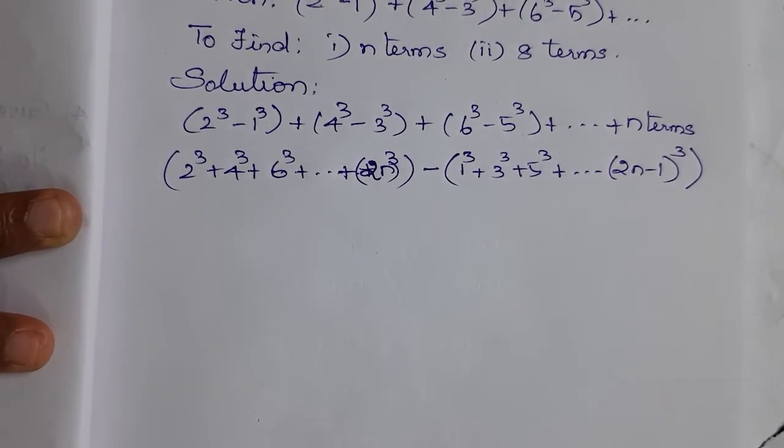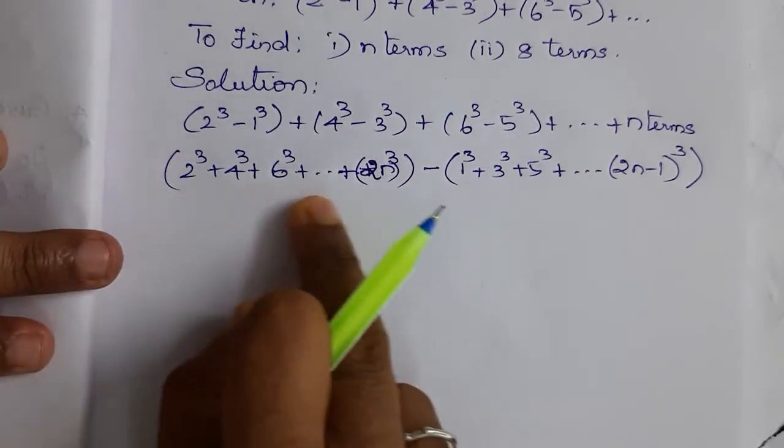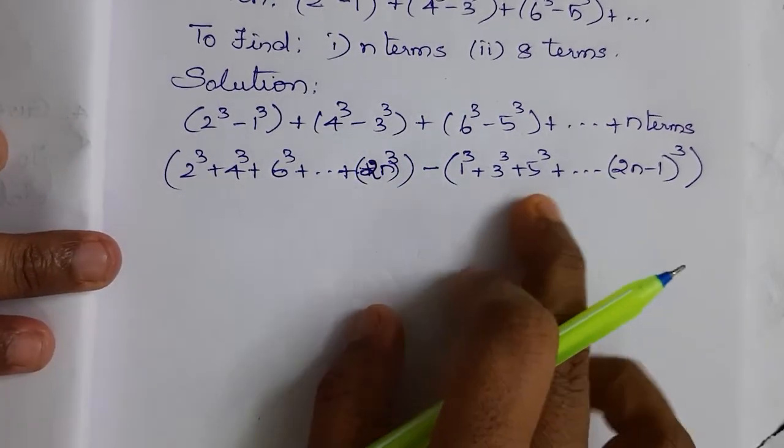This sum we are not going to use the formula which we used so far. We are just going to do this in a different way. So here all this is in the form of summation. Plus means it is nothing but summation.